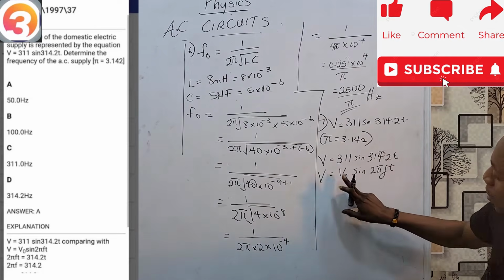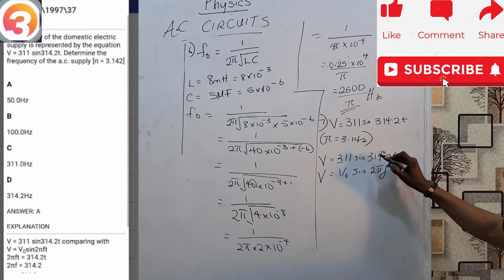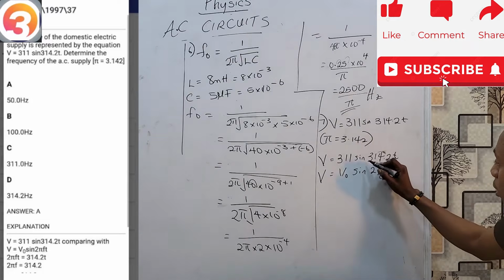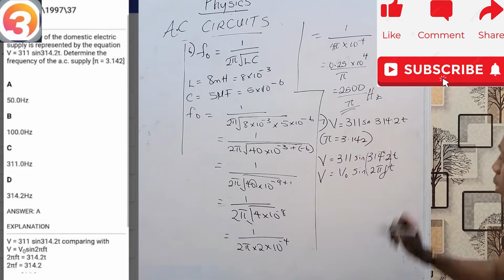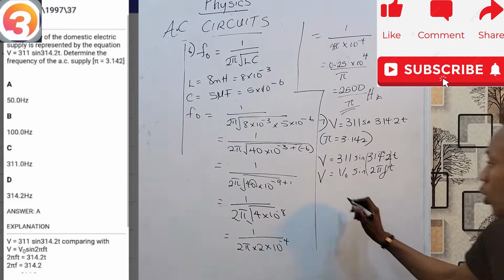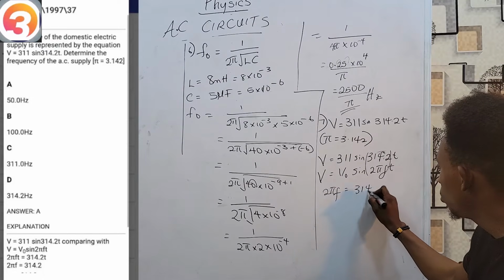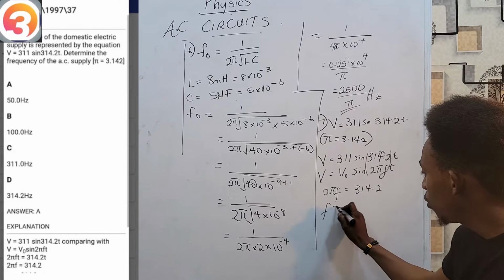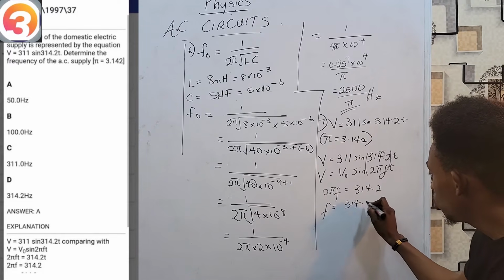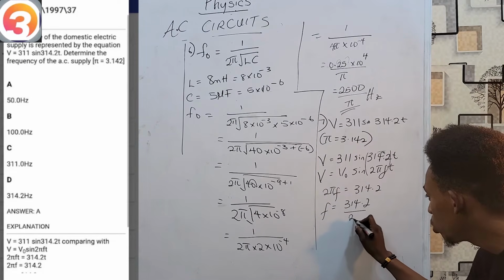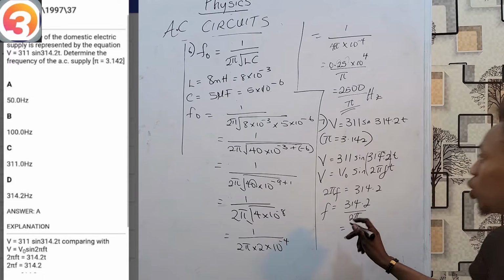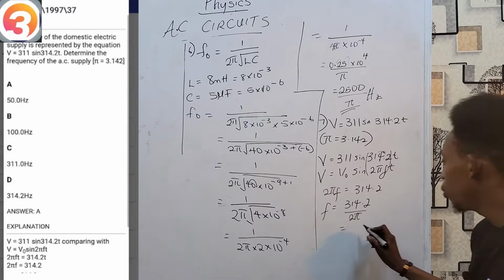Now, as you see, that means V naught must be 311. And because there's T here and there's T here, this and this must be the same, implying that 2 pi f equals 314.2. Therefore, f must be 314.2 all over 2 pi. But as we're told, pi is 3.142.